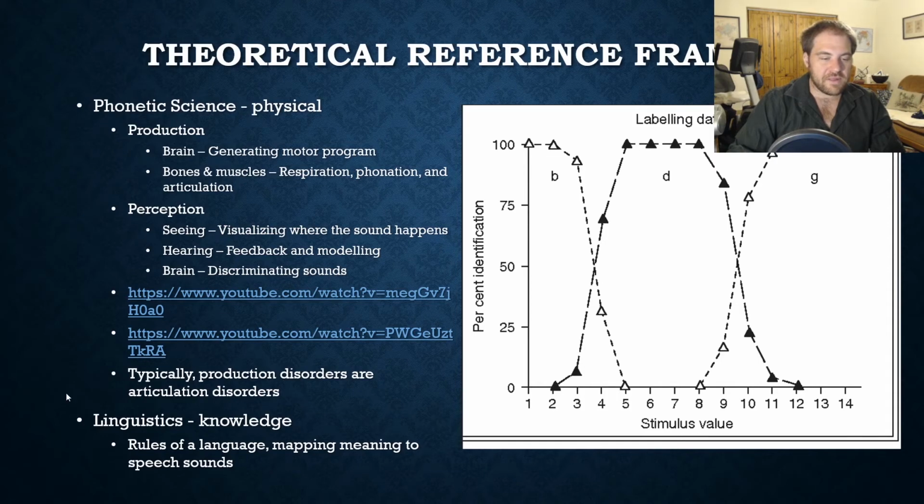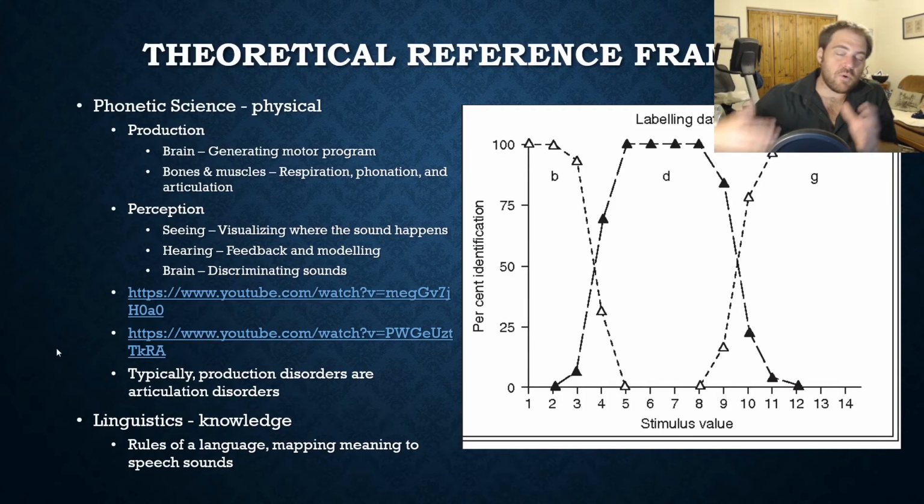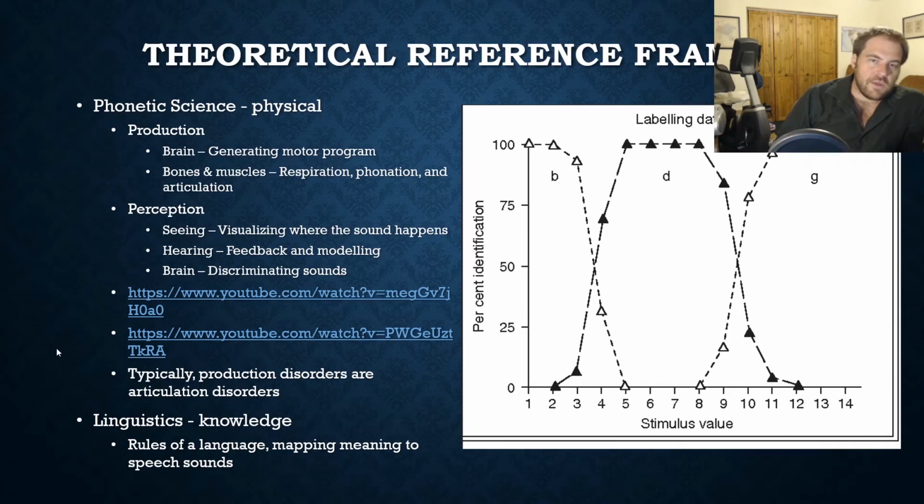We can also come at this from a linguistic standpoint, which is looking at knowledge. Knowledge of speech, knowledge of words, knowledge of speech sounds, rules of language. It overlaps a little bit with the brain part of production. So in the phonetic science area, we might think that there is a neural problem.